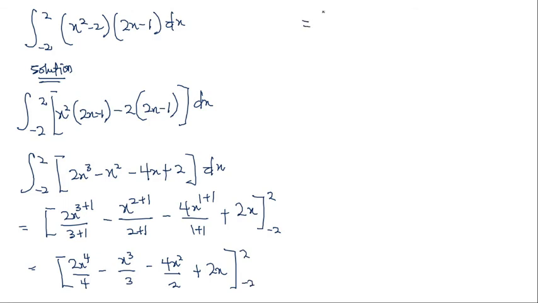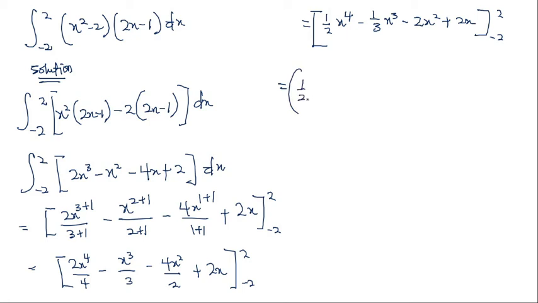Alright, so this is now equal to 2 on 4, which gives me 1 over 2 x to the power 4 minus 1 over 3 x cubed. Then 2 goes here 2 times, so it will give me 2x squared plus 2x, still applying my limits from -2 to 2. So what this means is we are going to substitute the value of 2 in place of x over here.